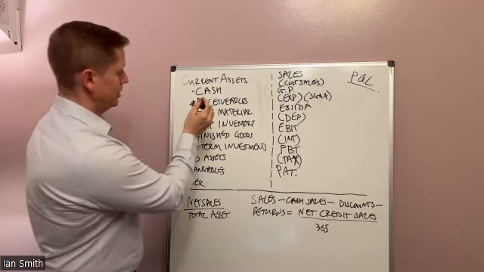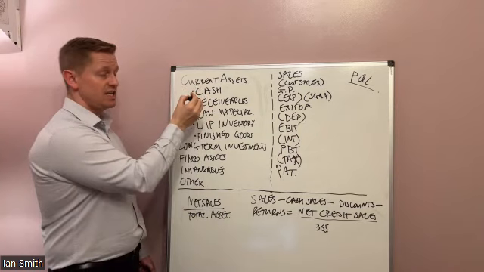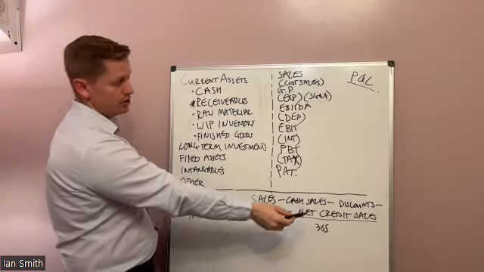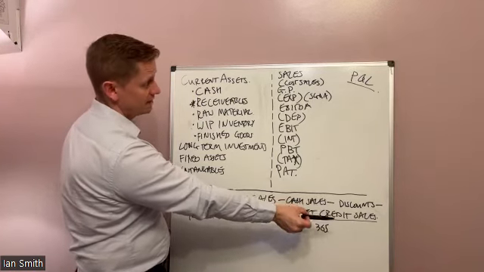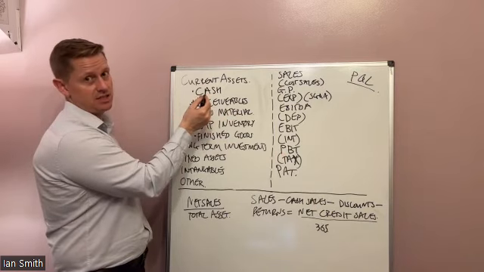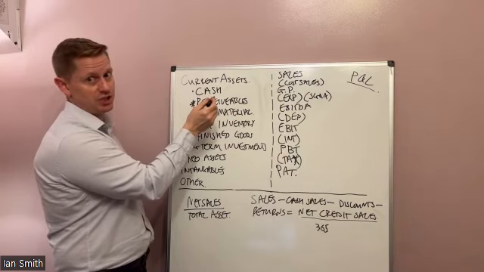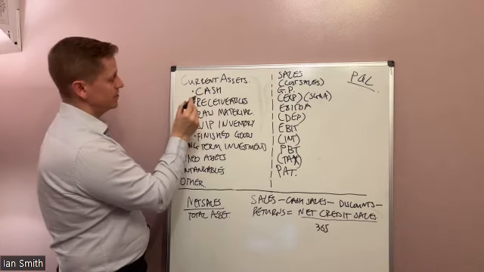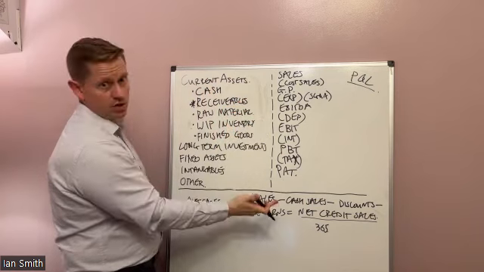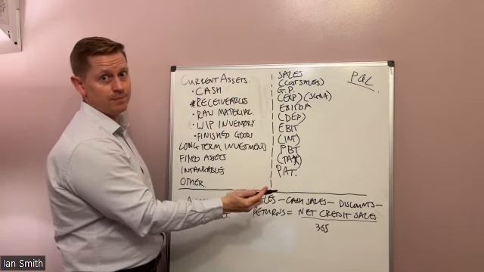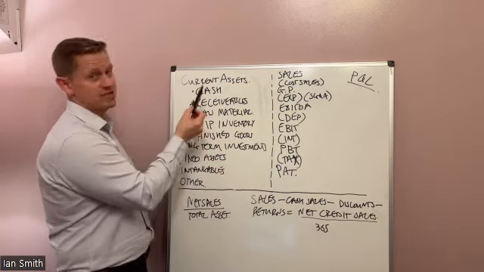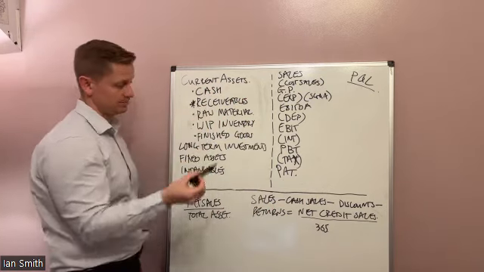Now we need to look at the receivables, because we know how much sales are issued per day on credit, and we know how much receivables are being allocated as current assets in the balance sheet. So now we need to take accounts receivables over credit sales per day. So that tells us how many days it takes to receive the receivables.